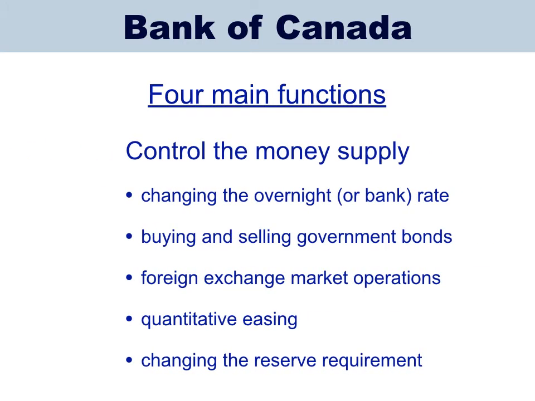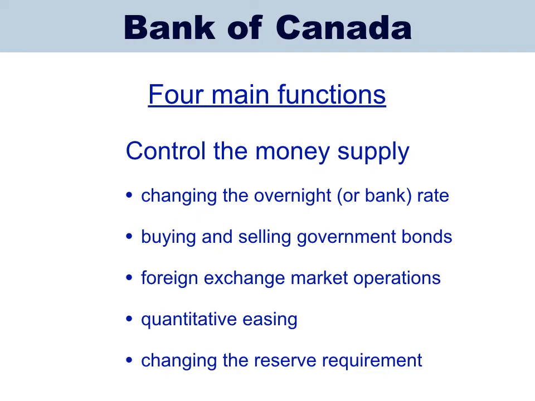And then the most important aspect that we would be looking at for the Bank of Canada is about controlling the money supply. So it is the Bank of Canada that controls the money supply. They can do this by changing the overnight or bank rate. This again is the interest rate that commercial banks earn on their deposits with the Bank of Canada, or pay when they withdraw or they borrow money from the Bank of Canada.